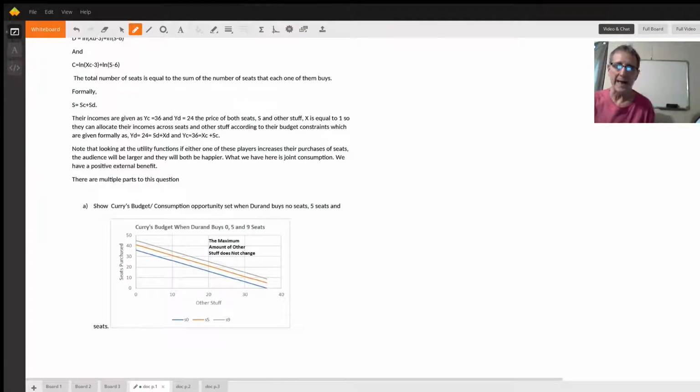Hi, and welcome back. When we were looking at the very first part of this problem, we saw how Curry's consumption opportunity set changes with the number of seats that Durand buys. Basically, the more seats that Durand buys, the happier they both are.